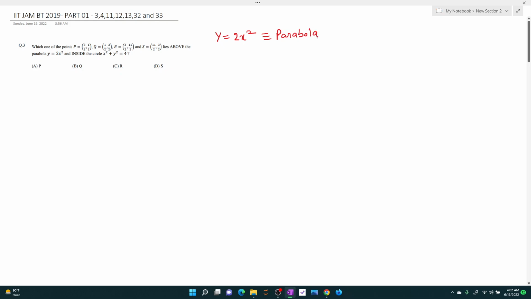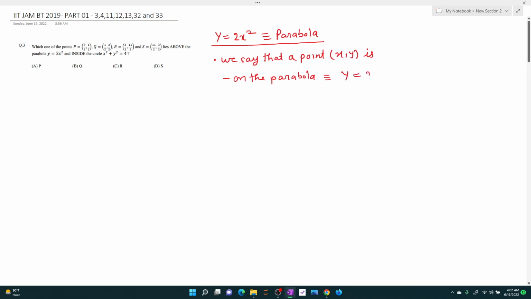So the point here is we say that a point (x, y) is on the parabola if it satisfies the equation, right?